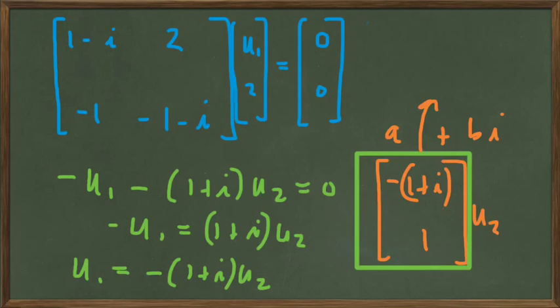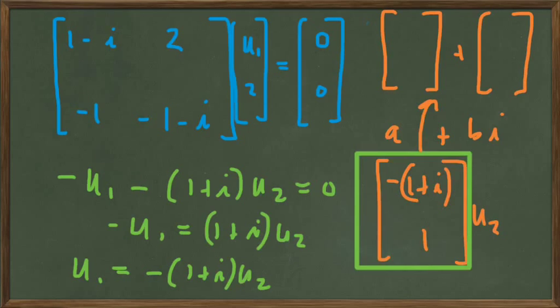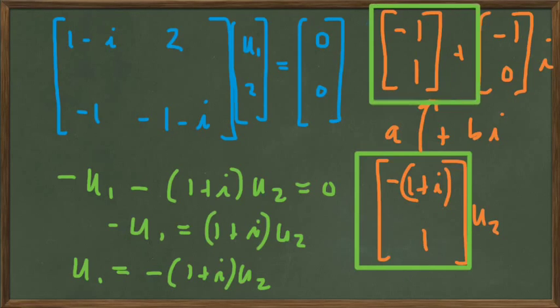And so isn't it correct that if we write this in a plus bi form, and we put minus 1 here and 1 here, and minus 1 here and 0 here, and we look at this, adding up the entries.